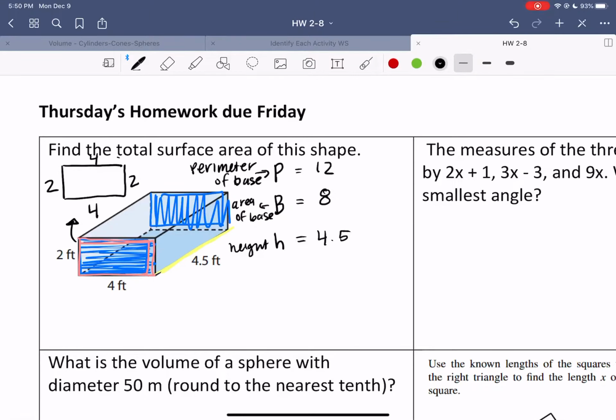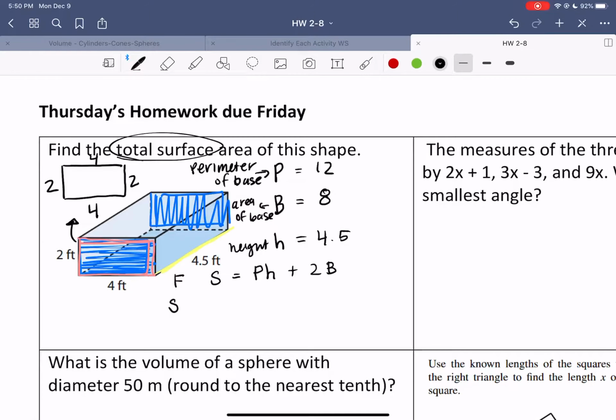So for the total surface area, the formula we're going to be using is surface area equals capital P times H plus 2 times the area of our base.